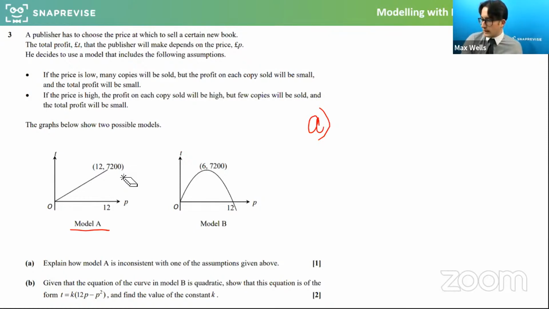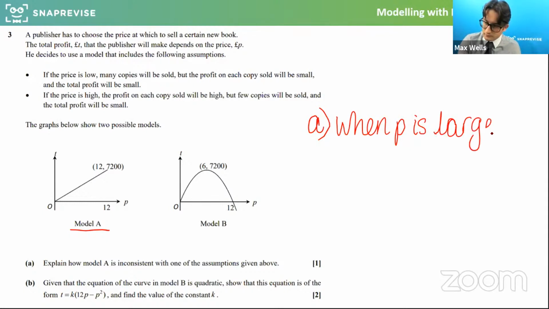So let's look at what's happening as P gets bigger and bigger. Well, hopefully we see when P is large, so is T, which breaks the second assumption. Does that make sense to everyone?